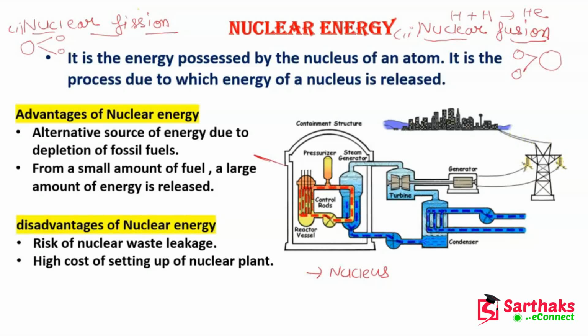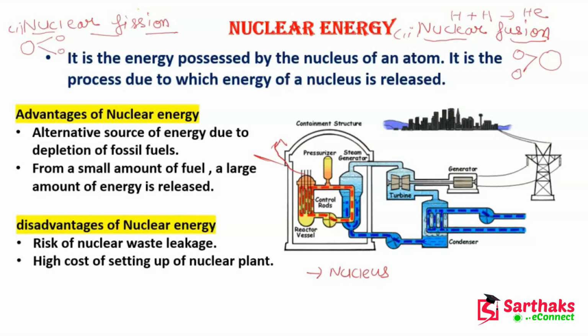Basically these rods will absorb the extra neutrons. So when they absorb the extra neutrons, this reaction becomes controllable. I hope, guys, this point is clear to you. So the heat produced in this reaction, as I told you, lots of heat is produced in this reaction.